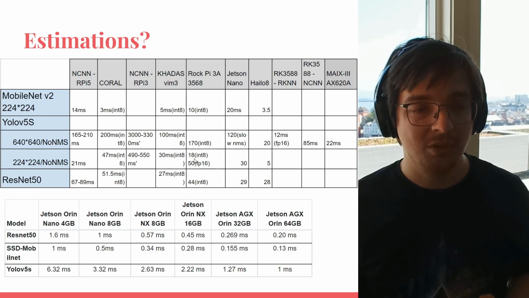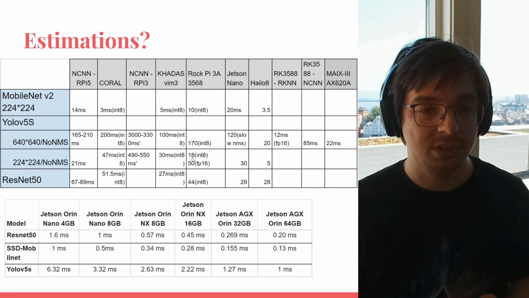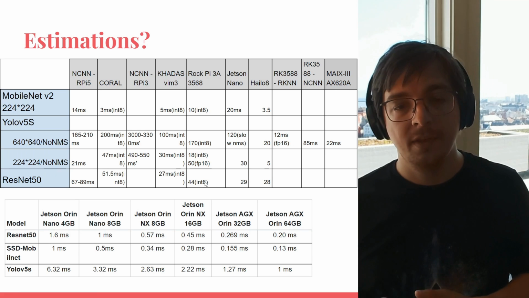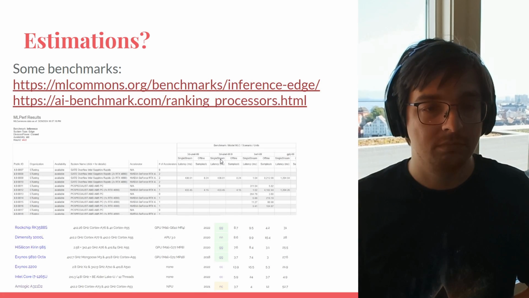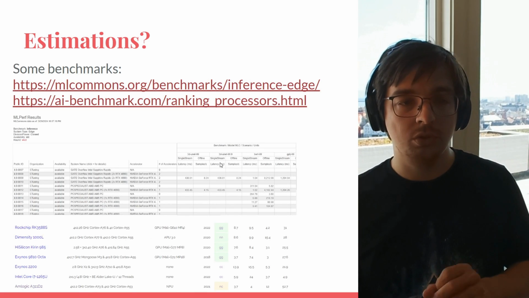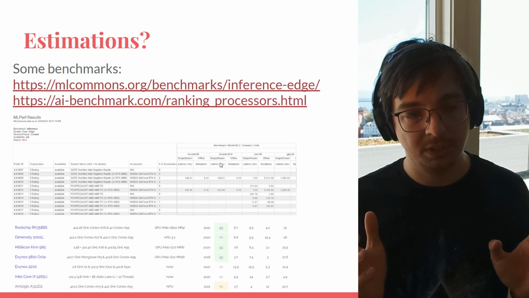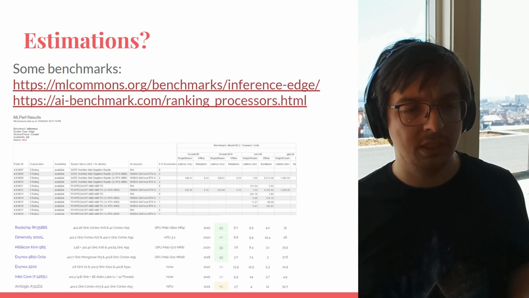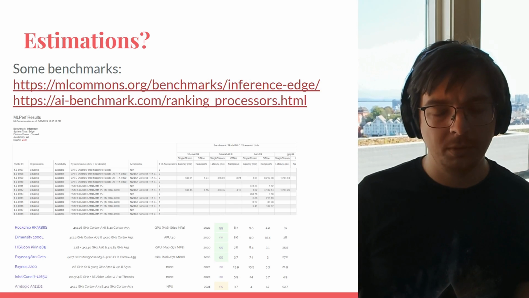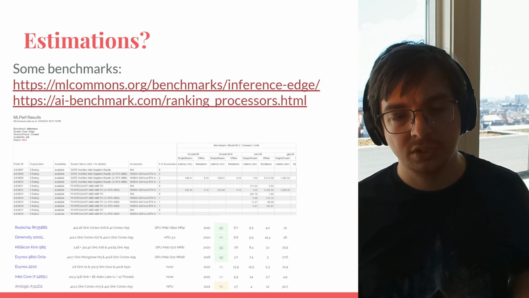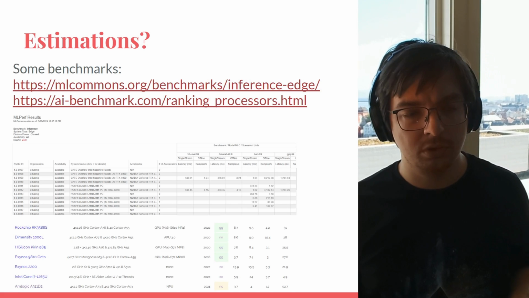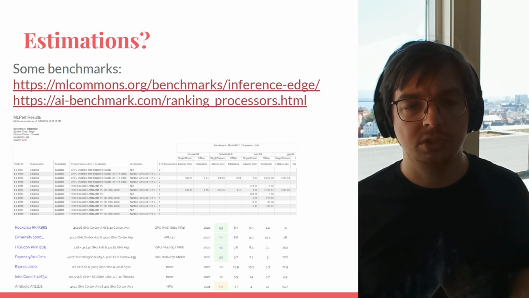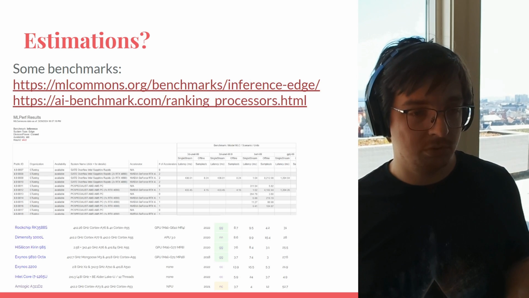So just note this, please. Also, as I mentioned, there is the difference in FP16 versus Int8 speed. And also about benchmarks, there are 2 good sites with benchmarks of different platforms, but they're super general, and there are a lot of problems with both of these sites. For example, for the RockChip board, all the metrics are incorrect because they don't run on NPU.